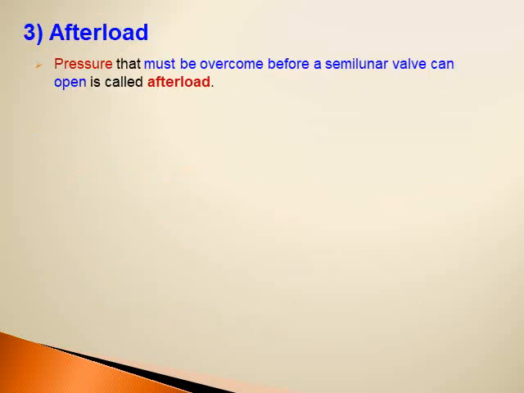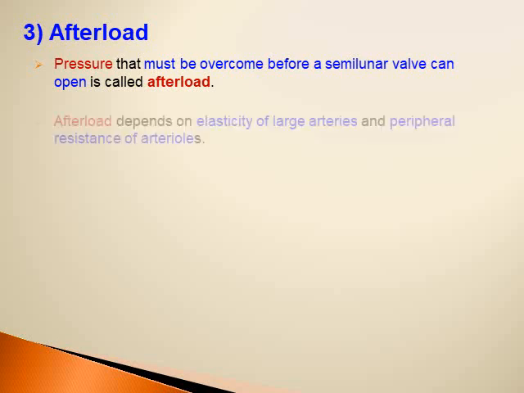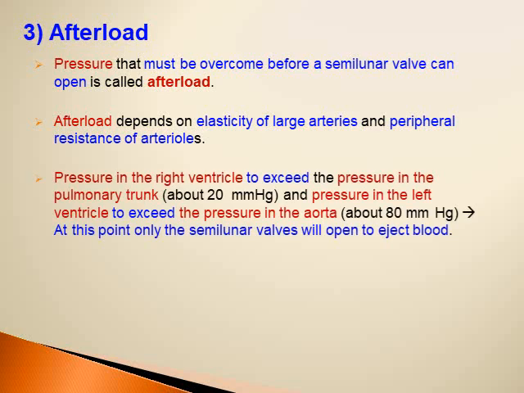The afterload is the pressure that must be overcome before a semilunar valve can open, and this is called, as I said, the afterload. Afterload depends on the elasticity of large arteries and peripheral resistance of the arterioles.